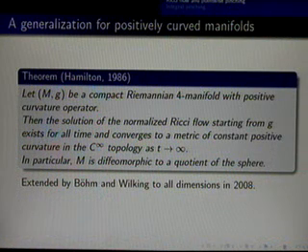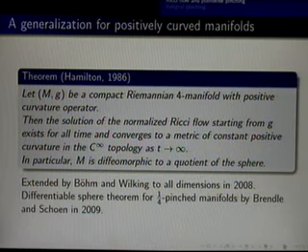And the idea to prove this result leads to the well-known differentiable sphere theorem for 1/4-pinched manifolds by Brendle and Schoen, that says that if the sectional curvatures are pinched, the maximum over the minimum over the maximum is less than 1/4, then your manifold will be diffeomorphic to the sphere.